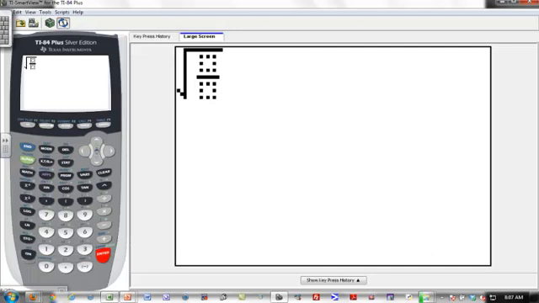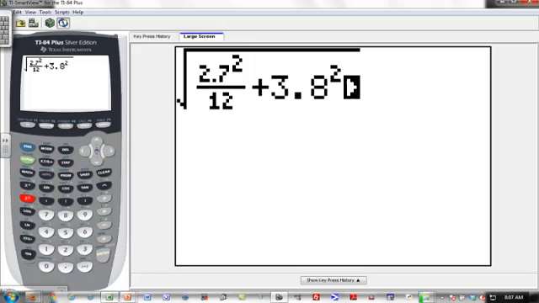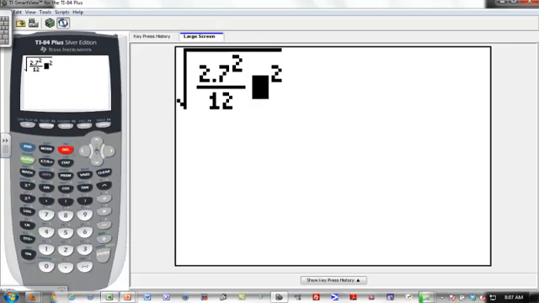And it was 2.7 squared, and then underneath it, it was 12. So you've got an answer to compare mine to, right? Oh, I didn't mean to do that. Delete, delete, delete. You have to scroll over a couple times. Delete that.